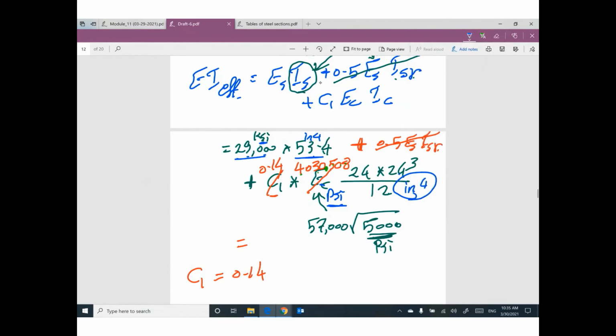EI effective. It will be 1,789,520 kip inch square.